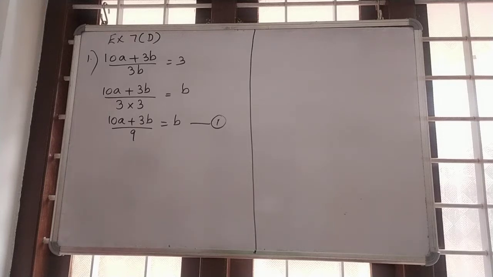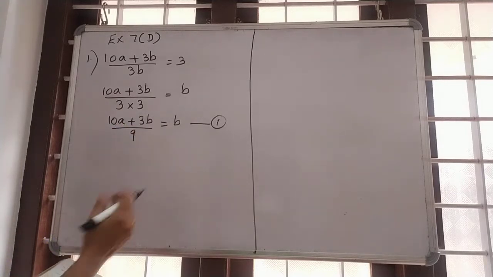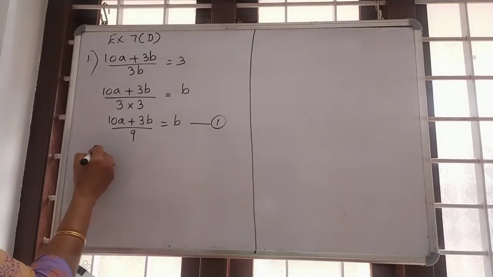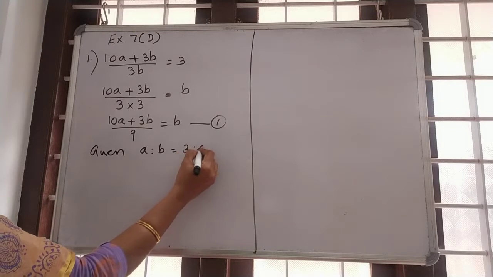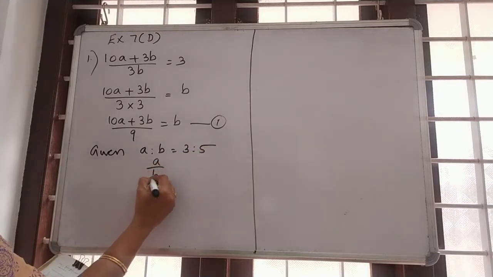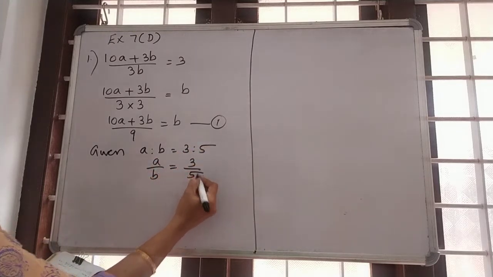We want to find out 10A plus 3B is to 5A plus 2B. Now we got only 10A plus 3B. So for finding 5A plus 2B, take again what is given: A is to B is equal to 3 is to 5, so A by B is equal to 3 by 5.